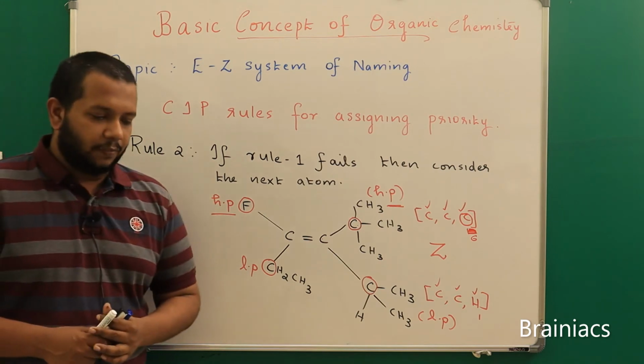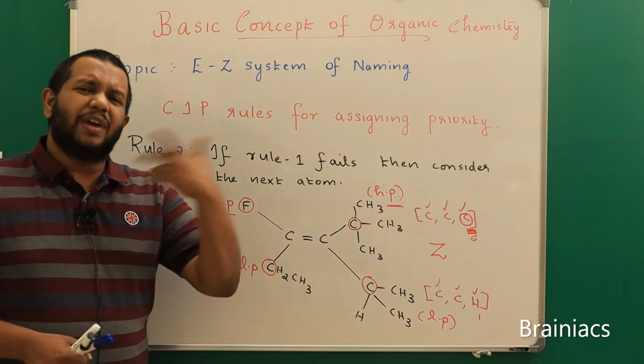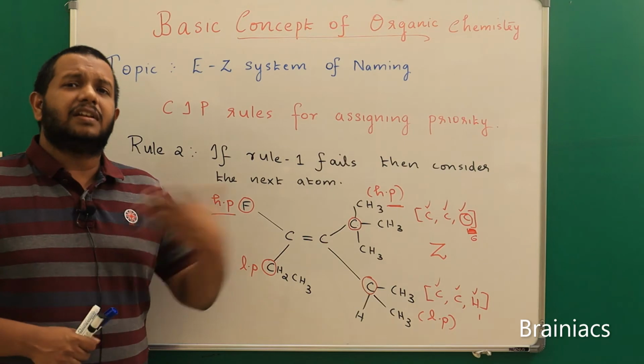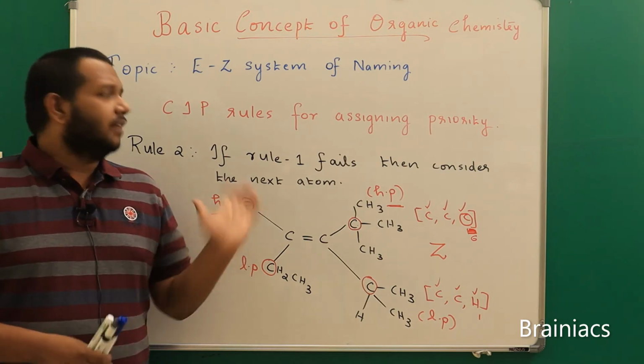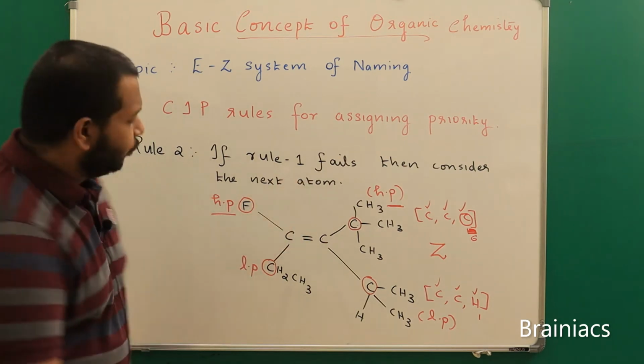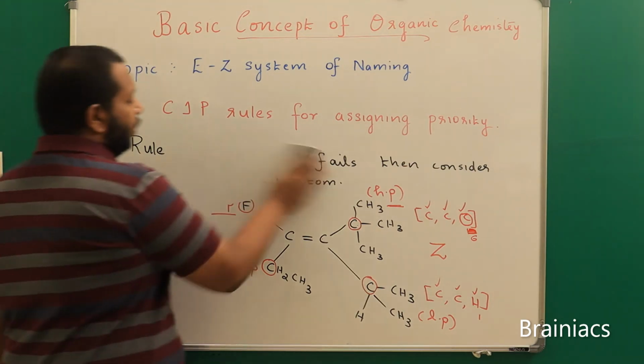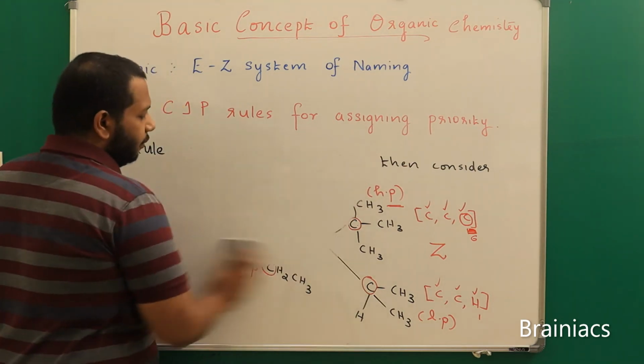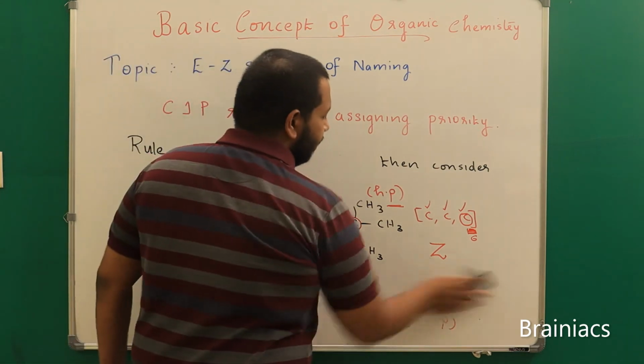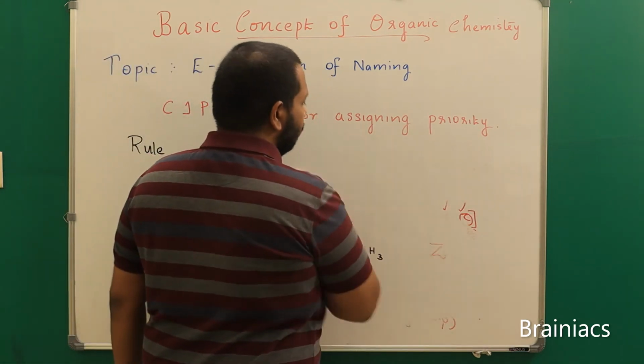Now we will think of a situation where a multiple bond is present. Then how do we need to consider it? That is called rule 3. I hope the first 2 rules are clear for you, so we will consider the next rule, rule 3.